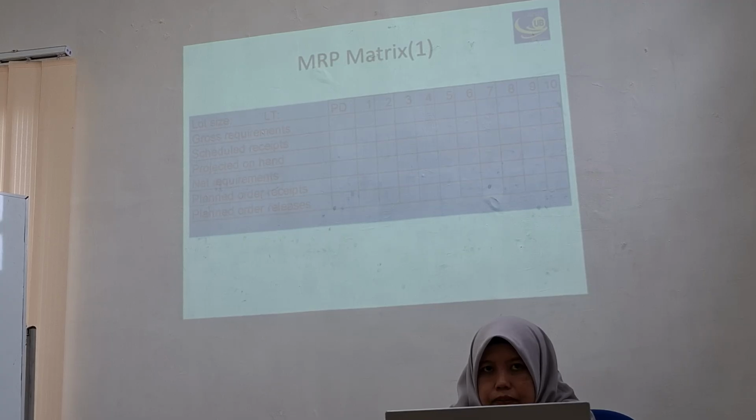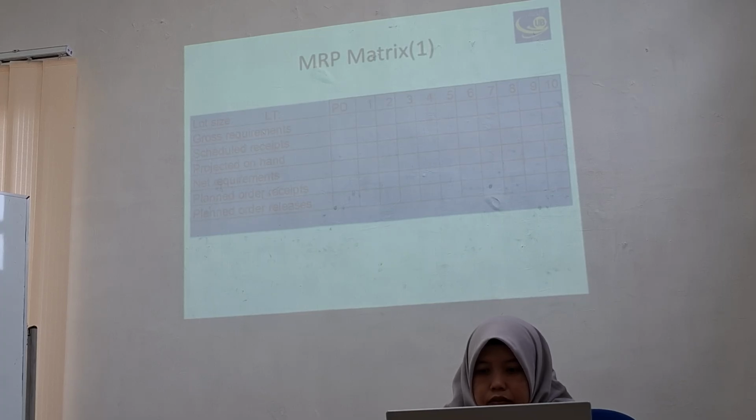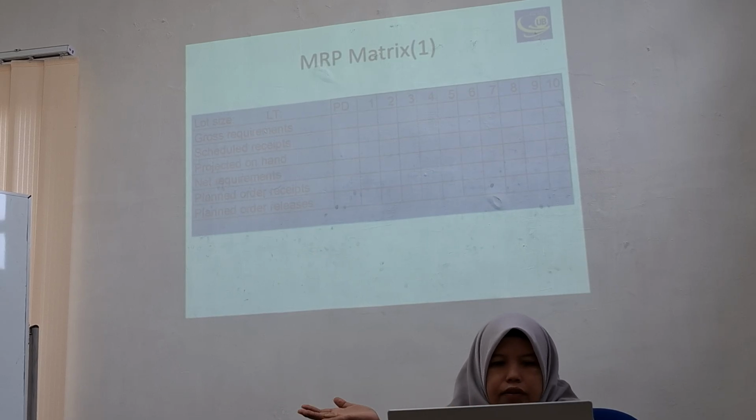The total expected demand, maybe from forecast, for an item during a specific period, in period 1, 2, 3 until 10.